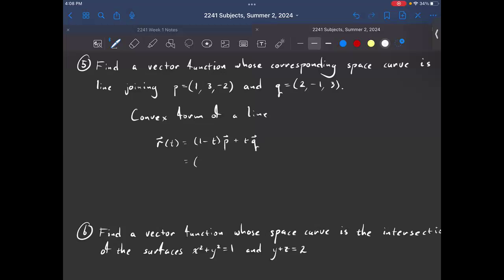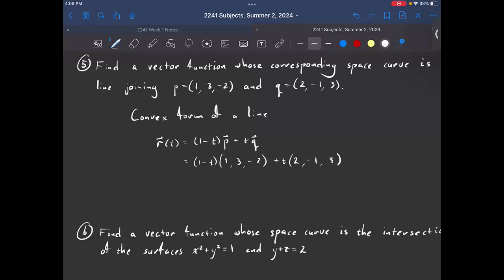Okay, so if we write this out, we get 1 minus t times <1, 3, minus 2> plus t times <2, minus 1, 3>.